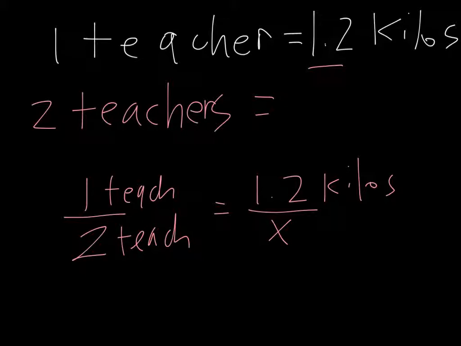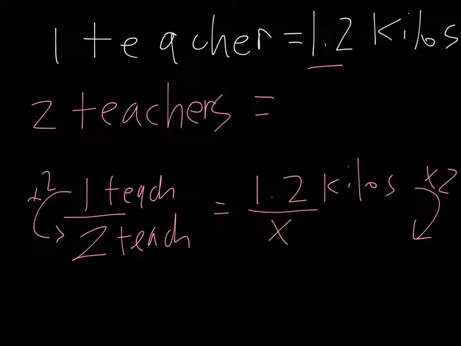So I have one teacher equals 1.2, so 2 teachers would equal how many? Well, from getting from 1 to 2, we are doubling it. We're multiplying by 2. And to get from 1.2 kilos, we also need to double or multiply by 2.